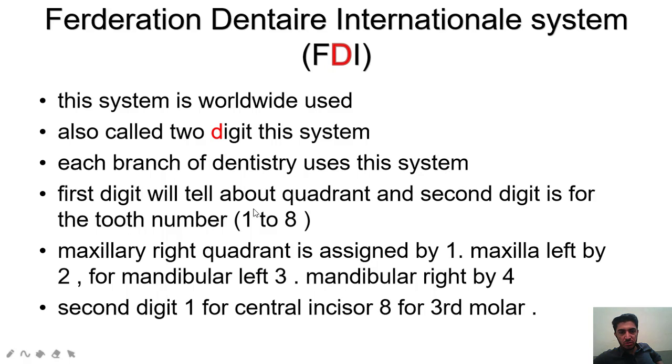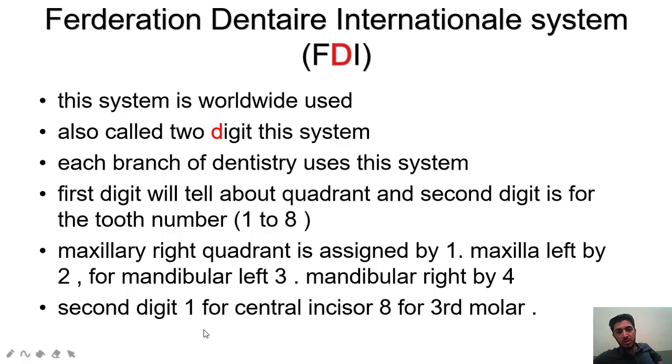The first digit will tell you about the quadrant, and the second digit will tell you about the tooth numbering. The maxillary right quadrant is assigned 1, maxillary left 2, mandibular left 3, and mandibular right 4.